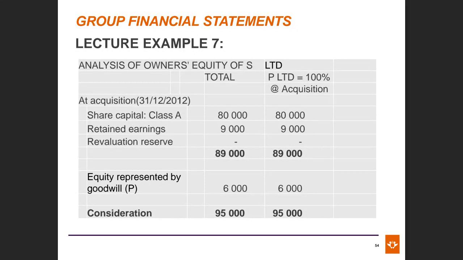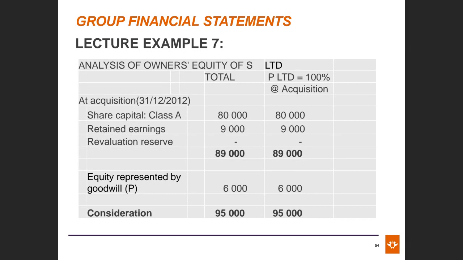So remember in the previous example, the consideration paid equaled the net assets. There was no goodwill or gain from bargain purchase. Whereas here, we have consideration of 95,000 Rand, which is greater than the net assets of 89,000. So this therefore results in goodwill of 6,000 Rand.